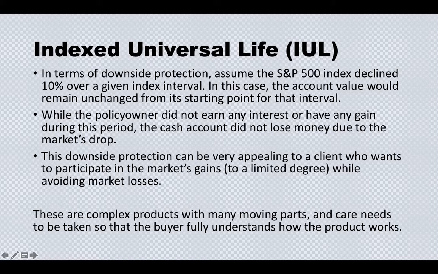I don't know how many people are going to understand how this works. When they sell this product, they talk about the downside: if the S&P drops 10% or 20% this year, there's no drop in your account. You stay at zero. You do not earn anything, but you didn't lose anything.